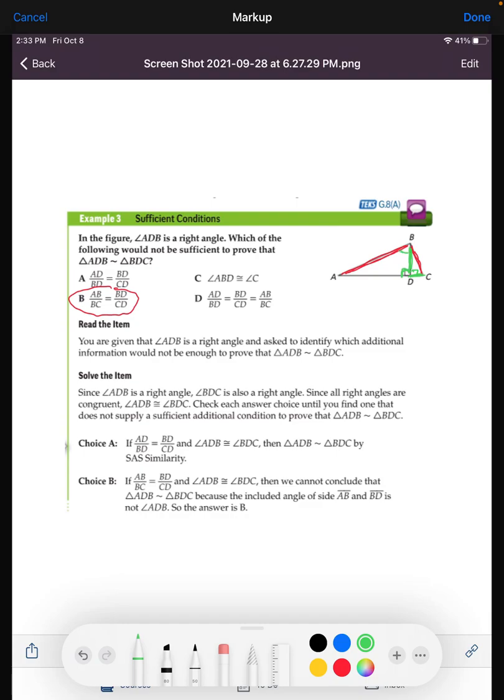It's not this angle right here. We need this angle right here if we were wanting to prove that these two triangles are similar. It has to be the angle in the middle of the two segments we're comparing. So since this is not the included angle, this information would not be sufficient to prove that triangle ADB is similar to triangle BDC.